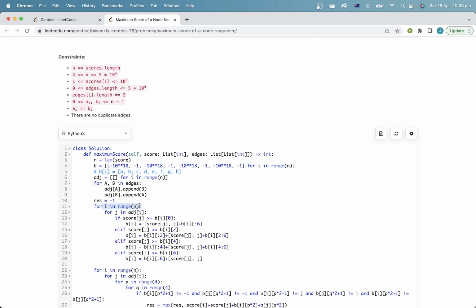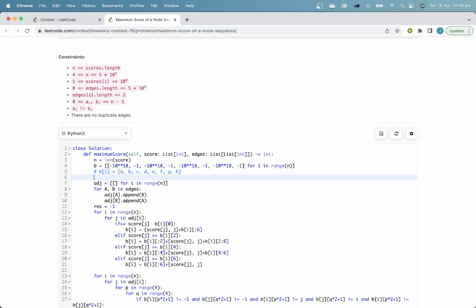Then for each node, I'm going to iterate through its neighbors, and I'm going to try to update this b_i. If the current score is better than all scores I've seen so far, like let's say this table has been partially filled and I come across an extremely high scoring node. Let's say I have a node with a score of 1000 and that node is 1. I need to update this b_i.